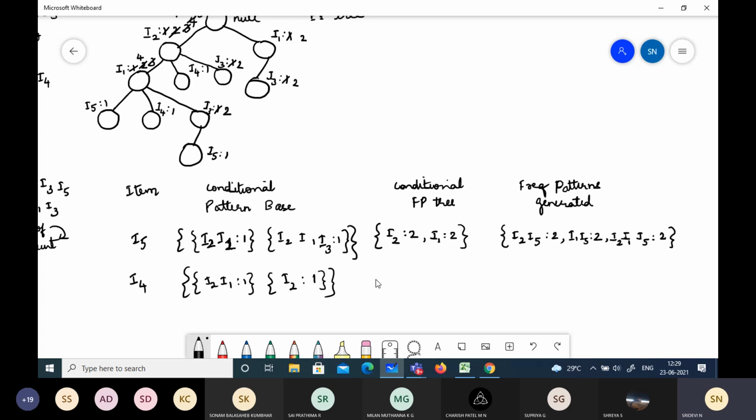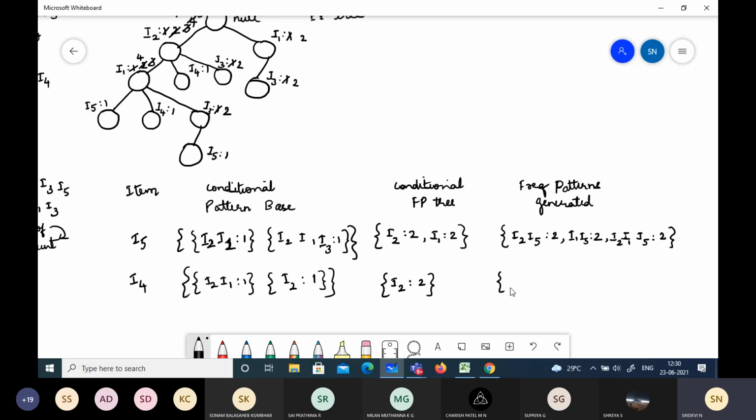Now, here, conditional FP. If we see here, I2 is present in both the transactions. So I'll add this count. I2 is twice. And what about I1? I1 is present in only one, and the count is 1. So it is less than the minimum support count. Hence, I'll not include that here. So we have only I2 here.